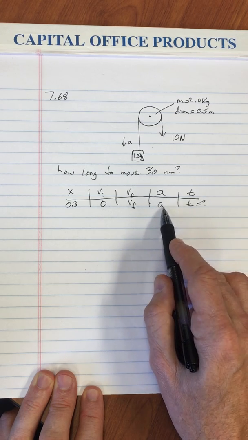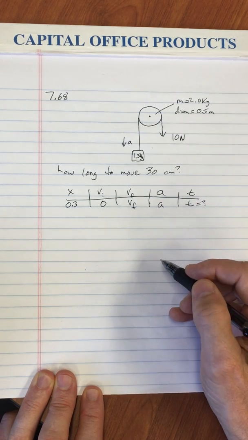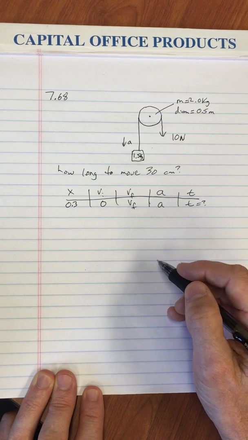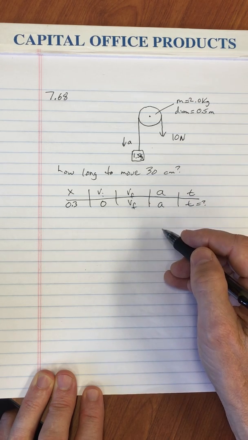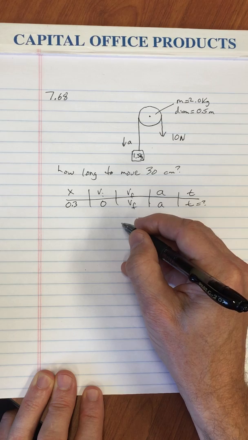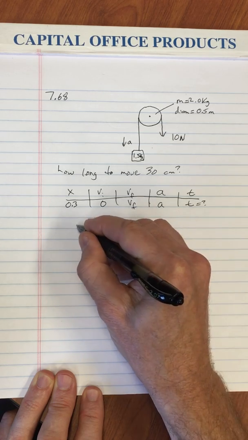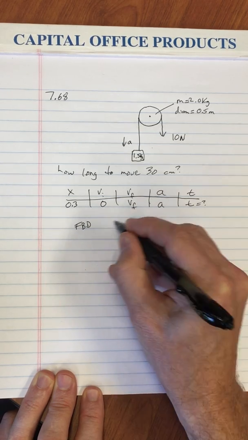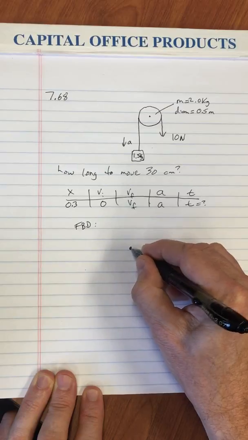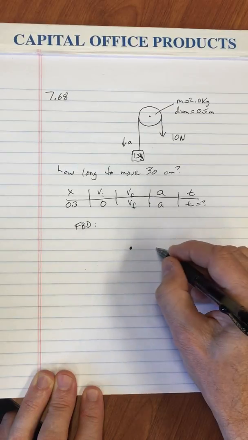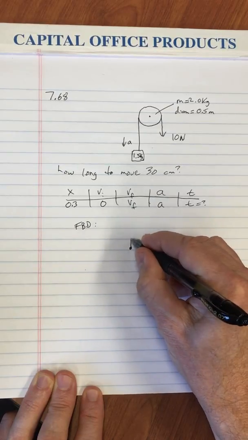A is what we're going to go after because we know something about the forces that are acting on this. So we'll use Newton's second law to figure out the acceleration of the object. So let's draw a free body diagram for that object. Here's that 1.5 kilogram object.